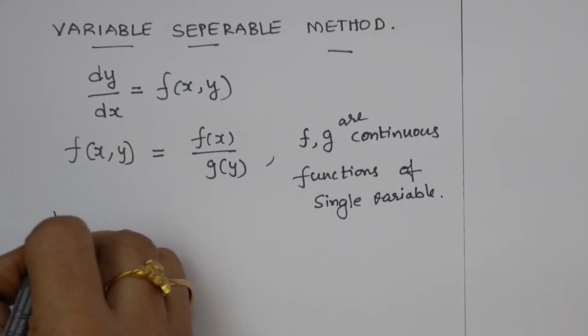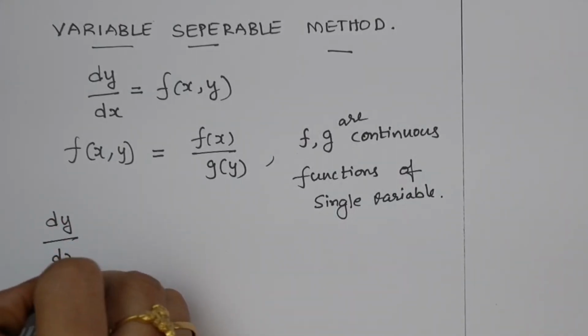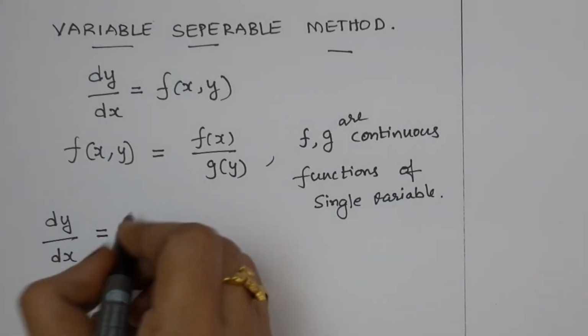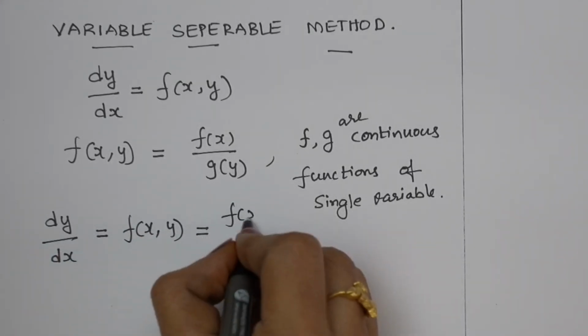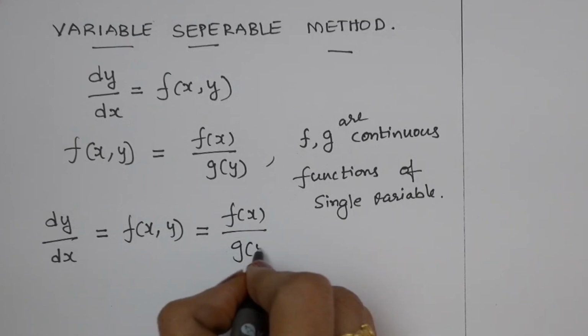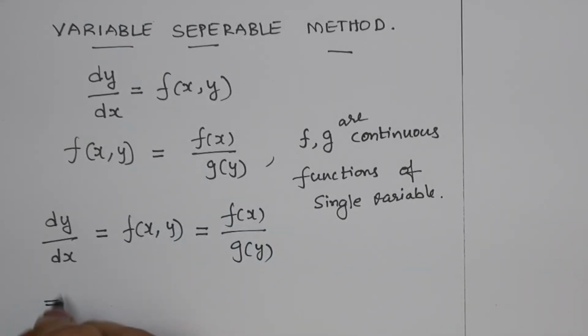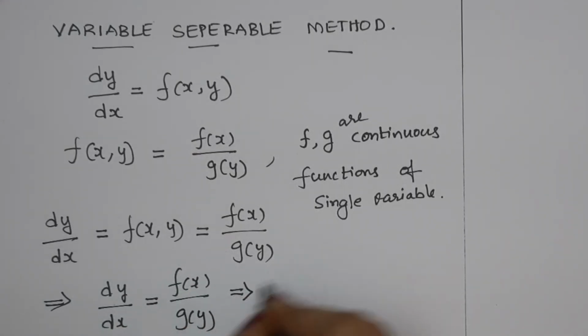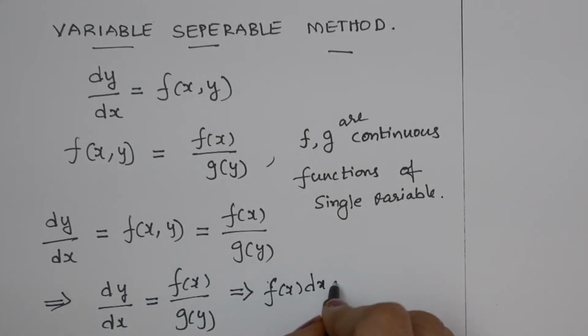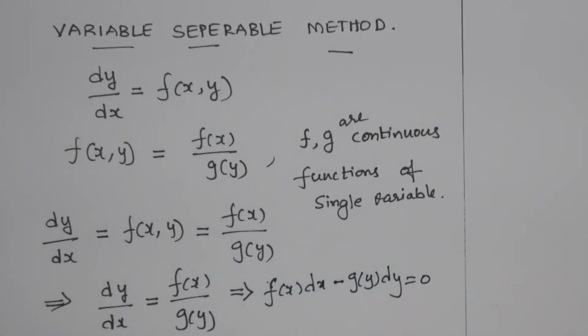That is, dy by dx is equal to f of x comma y can be written as f of x by g of y. This can be written as dy by dx is equal to f of x by g of y, and can be represented as f of x dx minus g of y dy equal to 0.